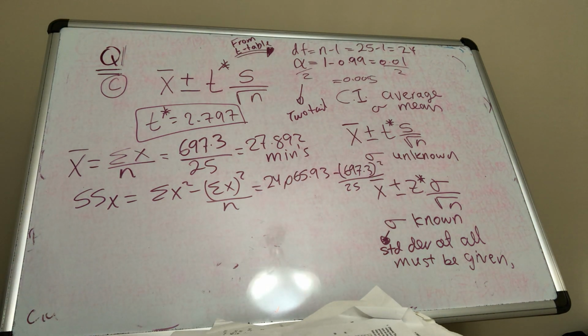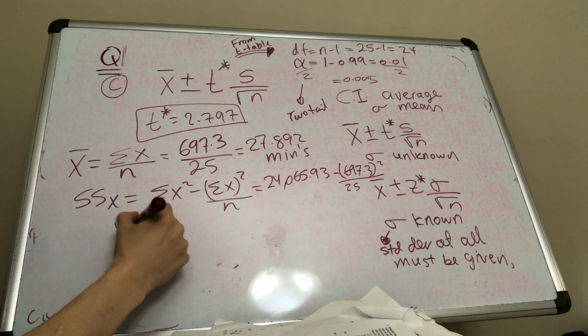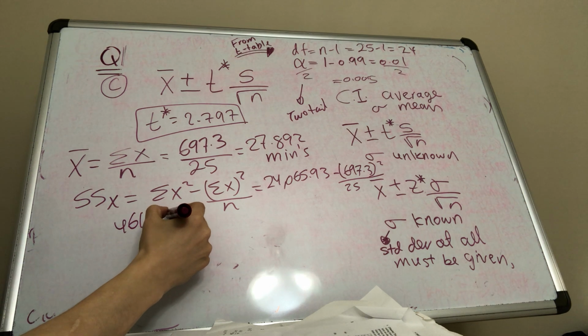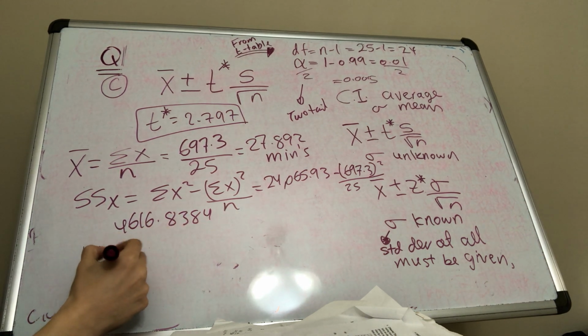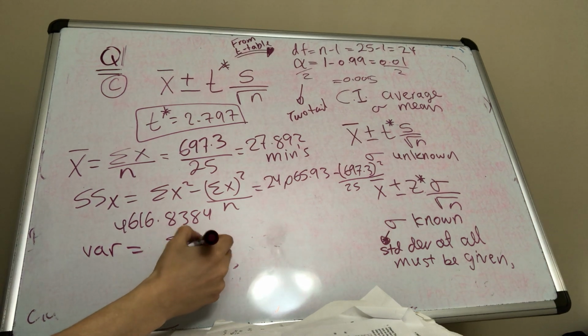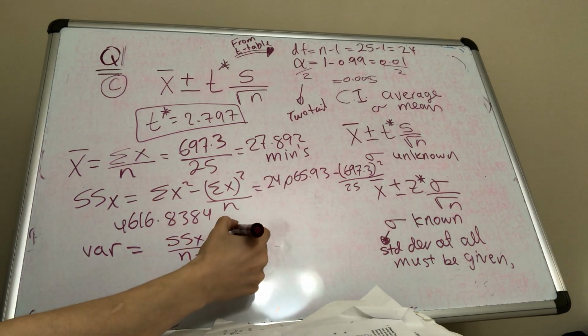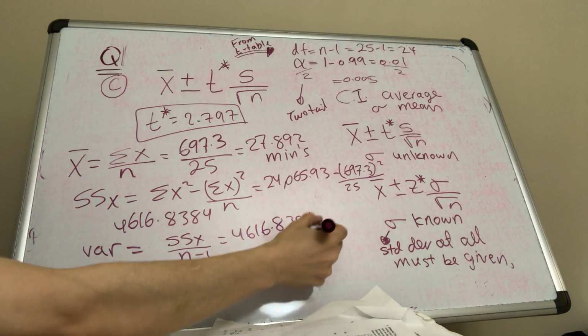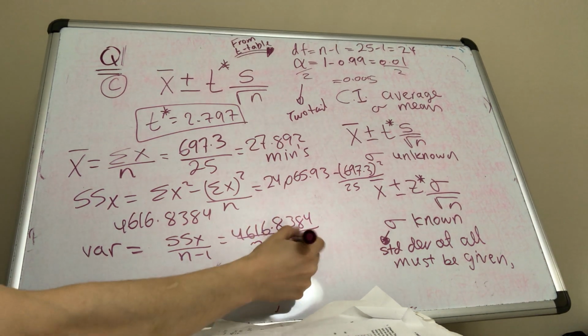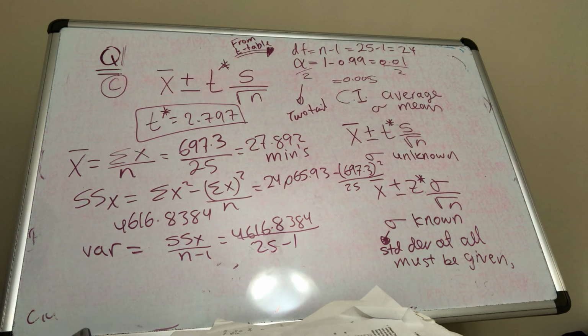That number is 461.68384. I need my variance, where I take this over n minus 1, so I divide it by 24.